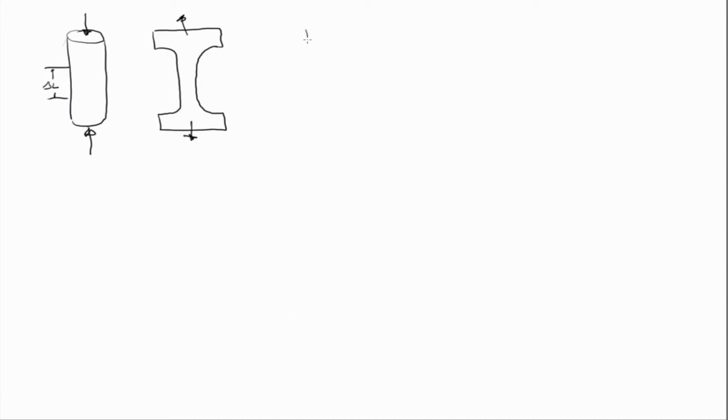And in one dimension, we'll measure something that looks like this. And so the slope of this is the Young's modulus, like we talked about.